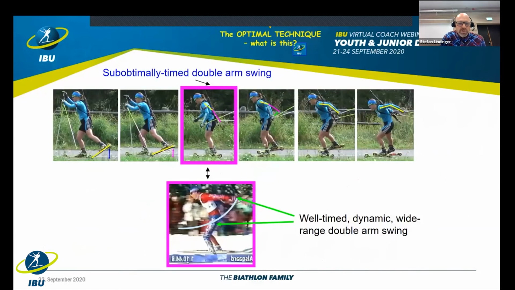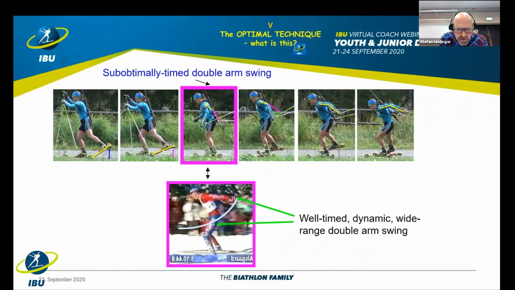Here you see a picture. The skier above is not well coordinated in the arm swing. It's not really an arm swing because the skier is not waiting during the gliding phase with the arms in the back position, to then, as soon as the skier is ready to push with the leg, fully swing through both arms forward.